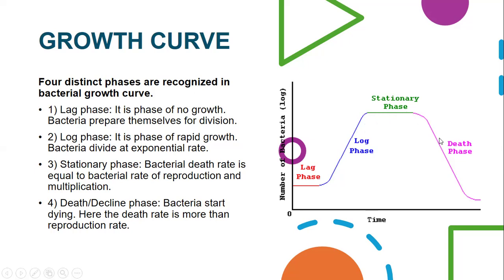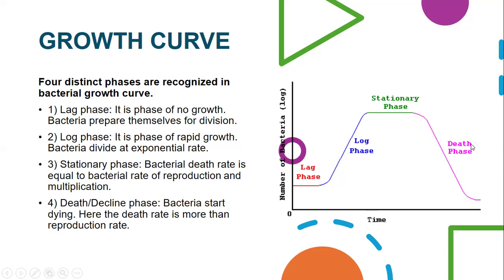The fourth is the death phase. Bacteria start dying. Here the death rate is more than the reproduction rate. When we draw a line from here towards the right side, the death phase is initiated from here and ends here.